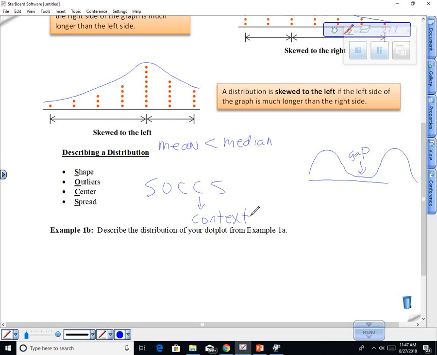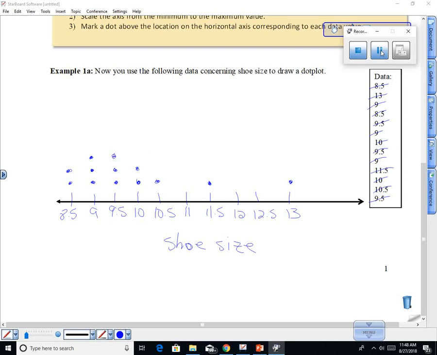In this next example, we're going to describe the distribution of the dot plot that we had in example 1A. So if we go back to 1A and look at this distribution, let's talk about the shape on this one. What do you think? Skewed to the right, okay?